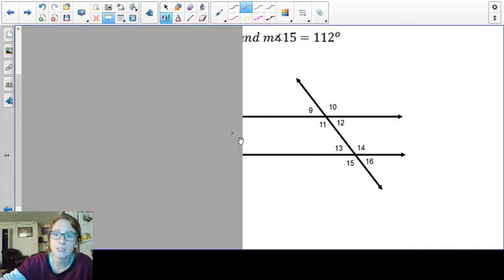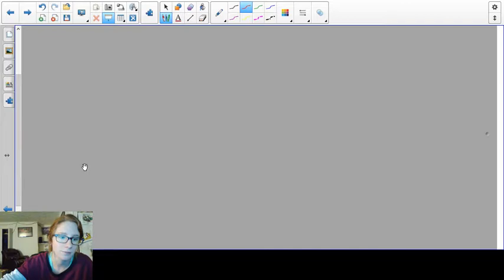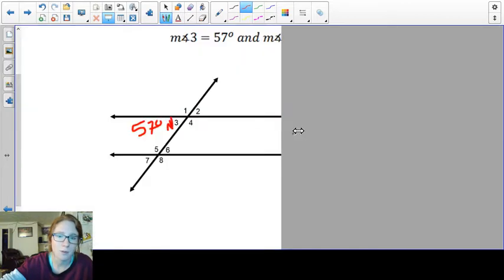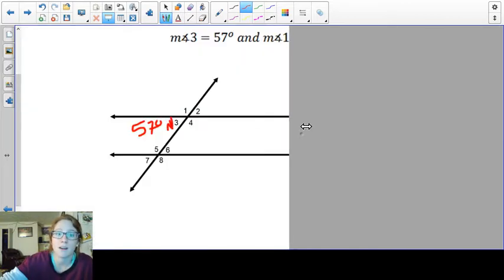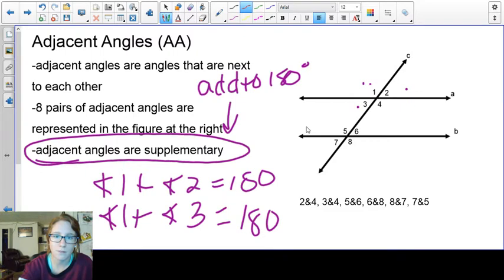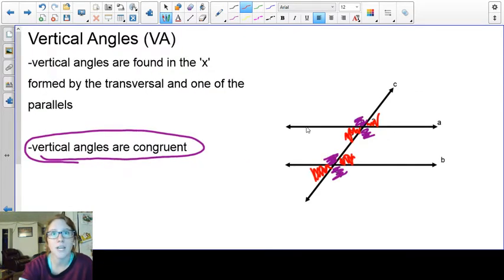So until I'm finished with this left side here, I'm going to keep that right side covered up because it's not going to help me. I'm going to find the rest of my red pieces. If I look back at that one slide, my vertical angles, it shows me all of those colored pieces.